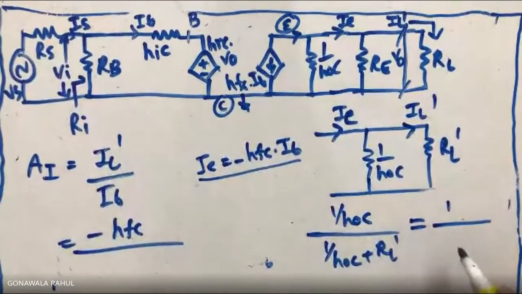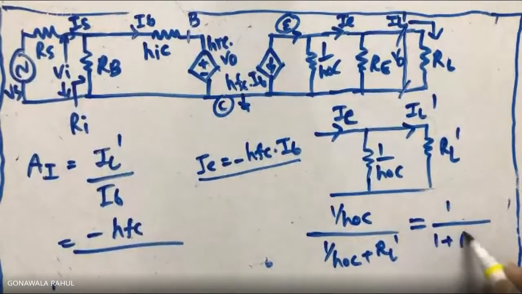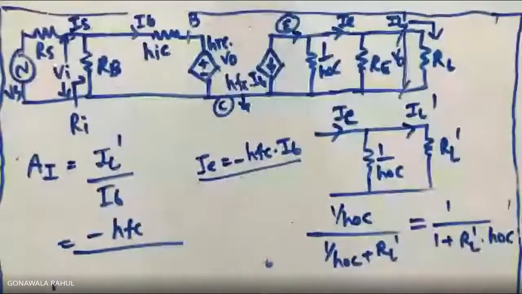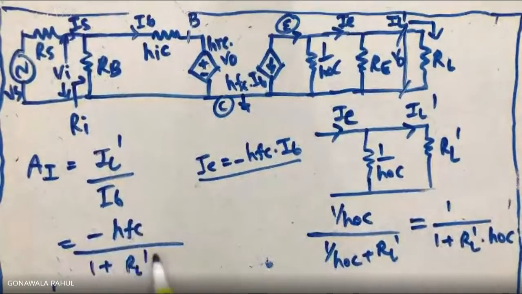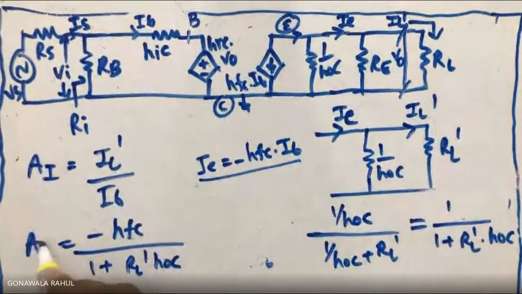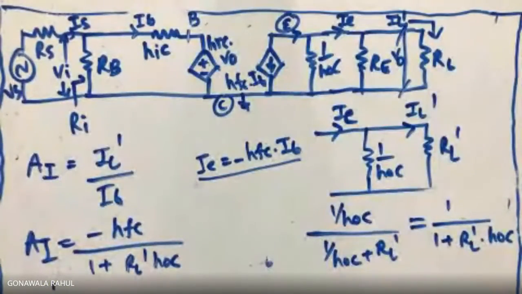I am equating this 1 over 1 over HOC, 1 plus RL dash into HOC. The denominator will be cancelled. So we have this equation: minus HFC upon 1 plus RL dash into HOC. So this will be my AI.